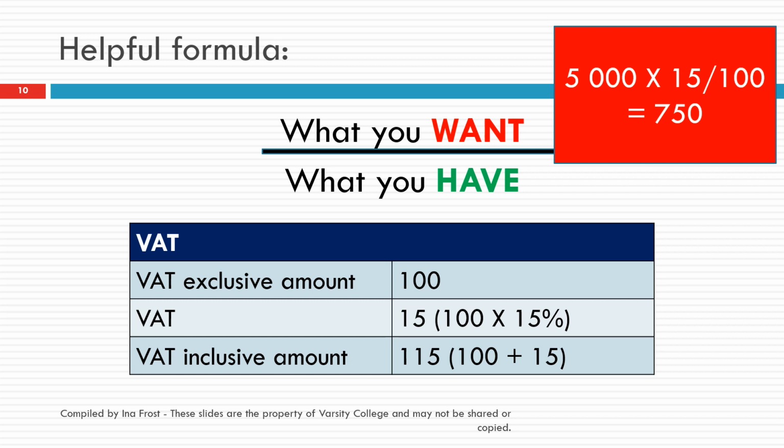The calculation will look like this then. We take the 5,000 rands times what we want, the 15, divided by what we have, the 100, the price excluding VAT, and that gives us 750 rands as the VAT on an item of 5,000 rands excluding VAT.